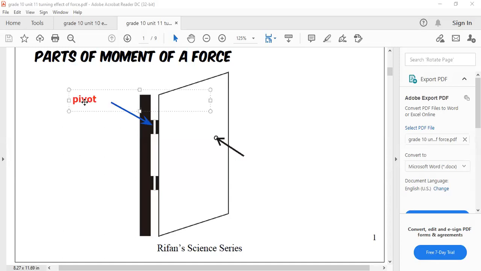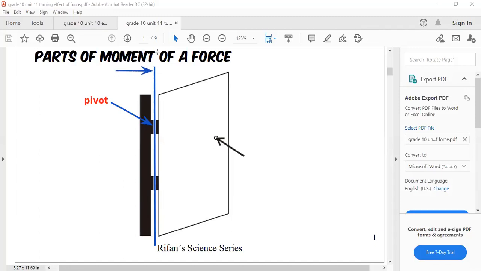Yes, sir. If you draw a vertical line through the pivot, this is the first time I'm telling this, try to understand. It's an imaginary line.